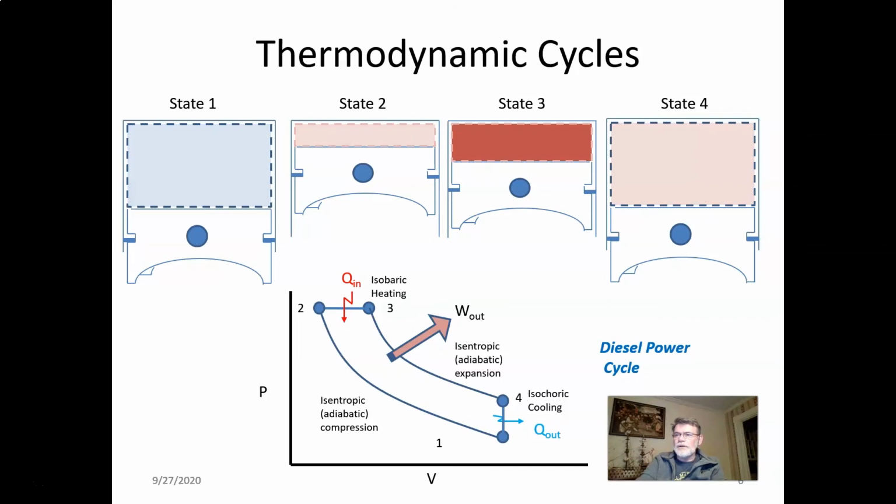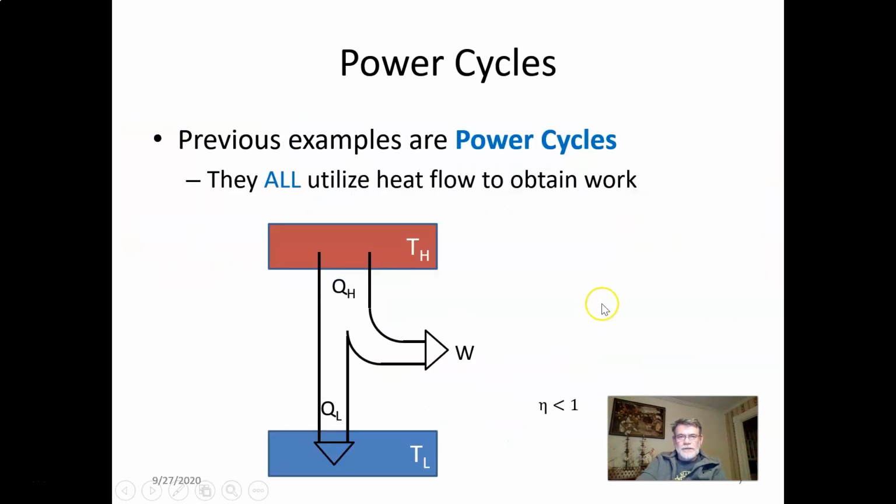And the other cycles can be open, but they are power cycles still, like the Brayton cycle for the gas turbine and the Rankine cycle for the steam turbine. What they have in common is that they all use heat flow to obtain work.